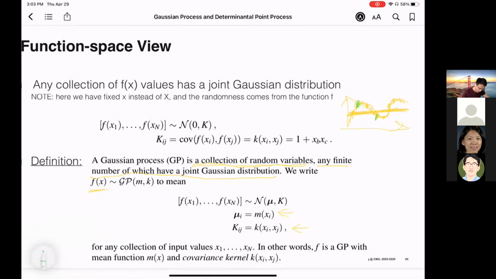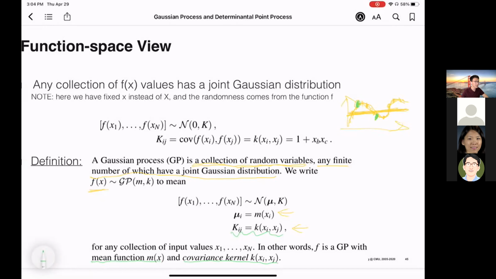For example, here are 2 points, and based on this function, I can compute their covariance. So this defines a Gaussian process. In other words, a Gaussian process is a random function, and this random function follows a Gaussian distribution. The Gaussian distribution has a mean function and a covariance function.